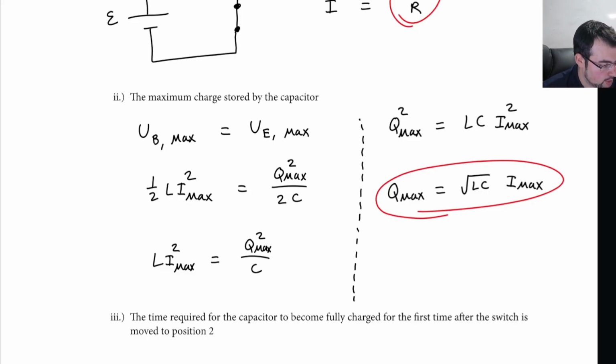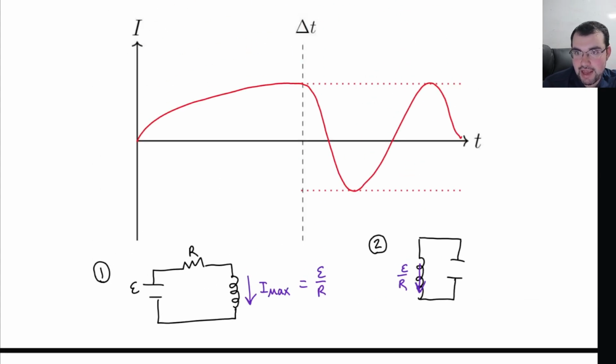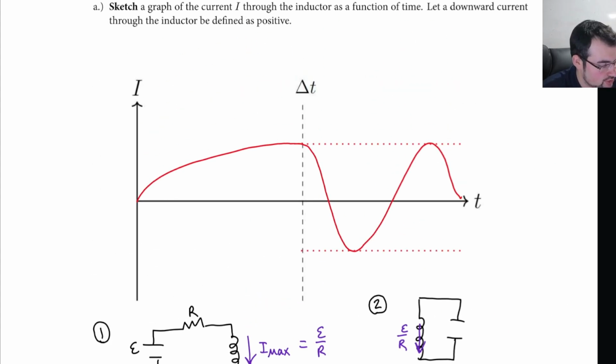All right. Then we want the time required for the capacitor to become fully charged for the first time after the switch is closed. Okay, what does that even mean? Well, remember we have this sort of trading idea. So here, all of the energy is in the inductor. Here, all of the energy is in the capacitor. Here, all of the energy is in the inductor, all the energy in the capacitor, all the energy in the inductor.